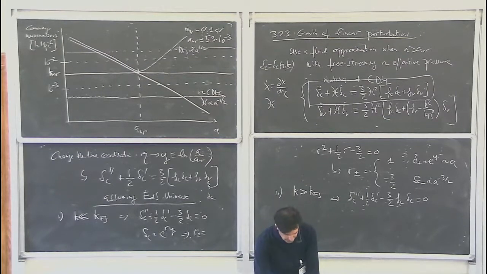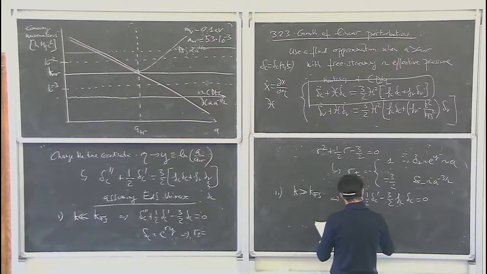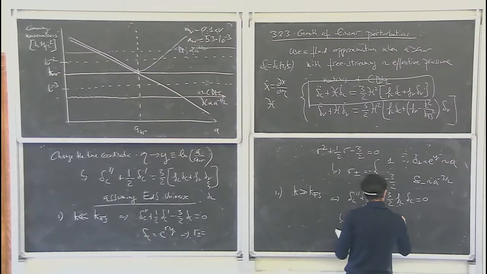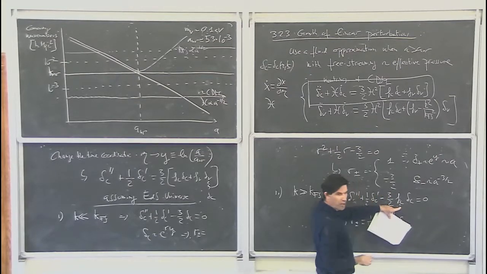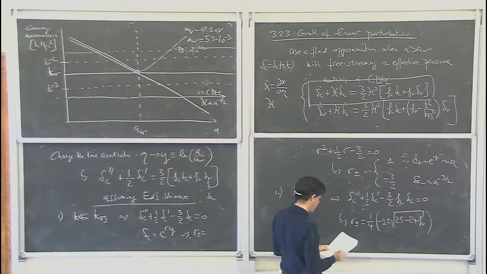And if you solve it now using the same method, that's what you find. We find that r plus minus is 1/4 of minus 1 plus minus the square root of 25, and then if you express fc as 1 minus fν, you will write this as the square root of 25 minus 24 fν.